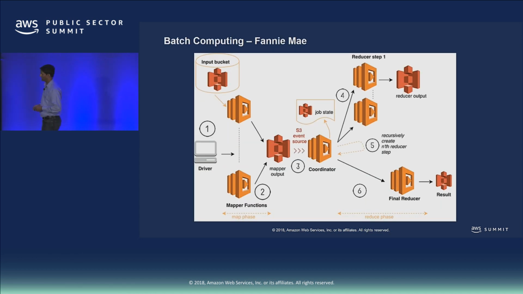Here's another use case, batch processing. In this case, it's Fannie Mae's implementation of grid computing. Just imagine you can do HPC grid computing at scale using Lambda functions. For the folks who are not familiar with this specific workload, in this particular scenario, Fannie Mae was able to scale up to 30,000 concurrent Lambda functions.